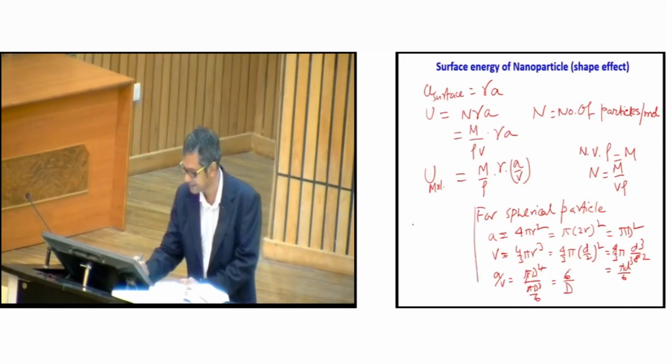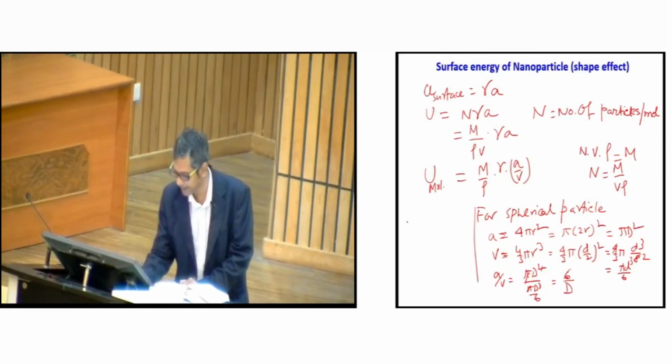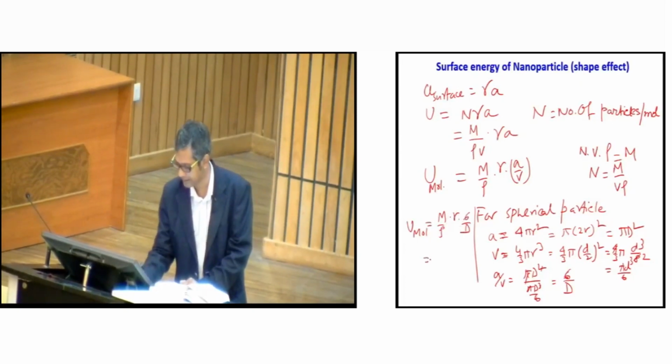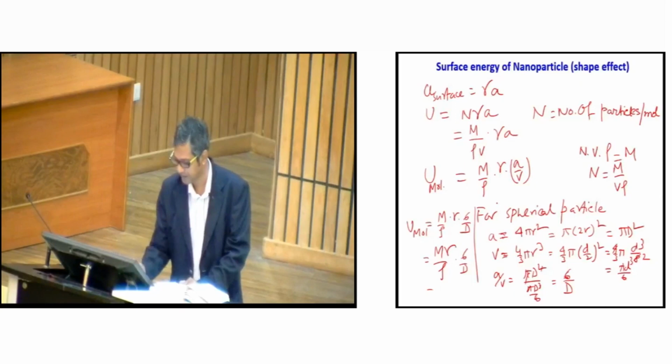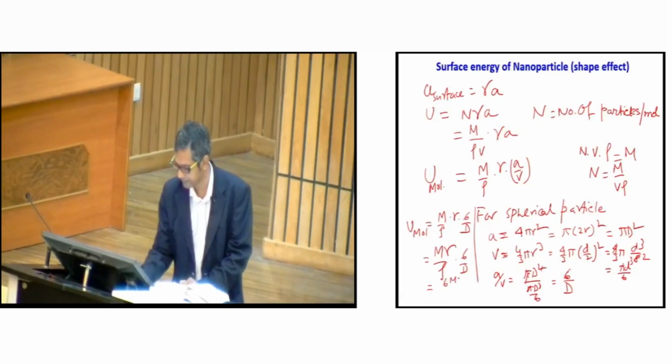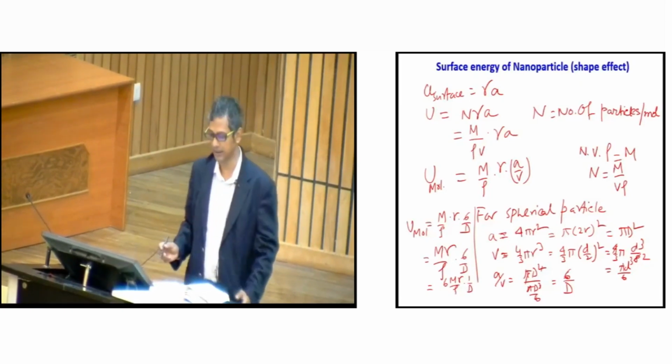So, what becomes my U per mole is m by rho gamma 6 by d, right. So, this becomes 6 m gamma by rho into 1 by d. So, what do you understand?